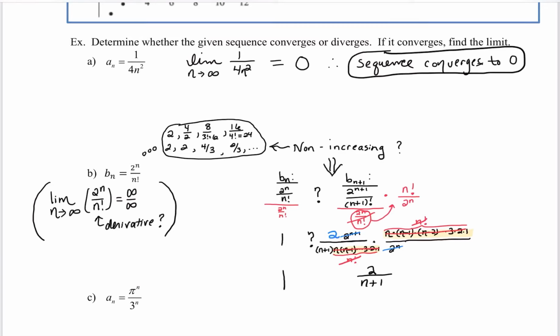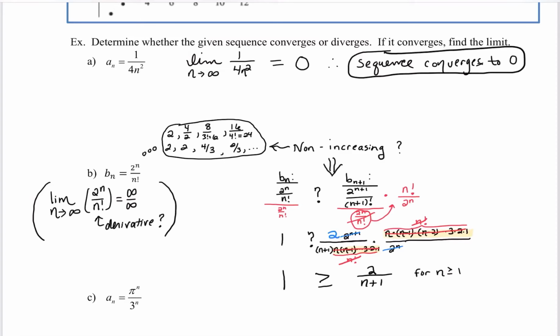So this 2 over n plus 1 is always going to be less than or equal to 1, and that's going to be true for any n greater than or equal to 1. At 1, they're equal. After that, what's on the right is always going to be less than 1.